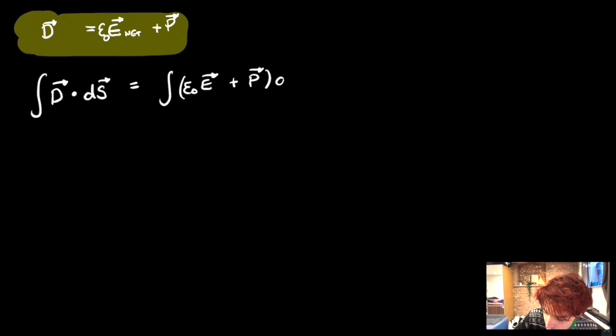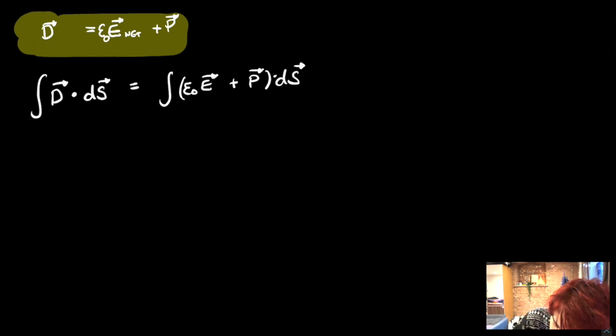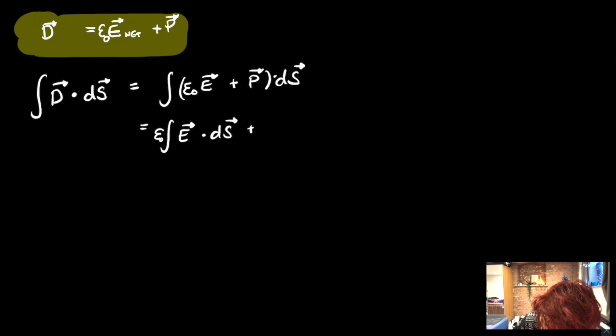So this is all going to be in brackets, and this is all going to be integrated over a surface right here. And now I'm going to break apart this integral on the right. So we're going to have the integral of epsilon naught E dot dS plus the integral of P dot dS right here.